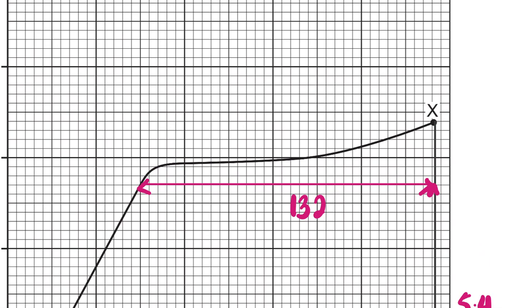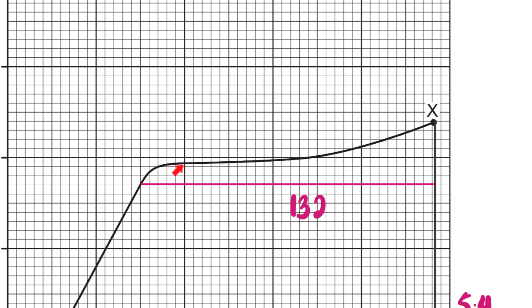So for this, I can see how many squares I have. Again, I'm going to erase this just for clarity. So I have maybe 1, 2, 3, 4, 5, 6, 7, 8, 9, 10, 11, 12.